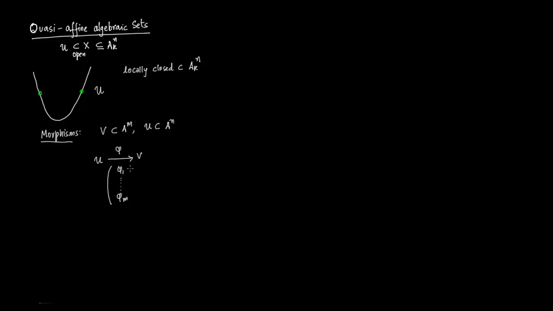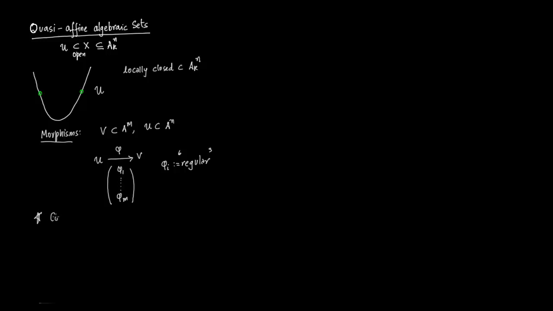Now each phi i is a regular function. Now notice that for closed sets each phi i was a polynomial. Here we have phi i as a regular function. That means it is in the form of a fraction, f over g. Again, if V and U are closed, this regular function becomes a polynomial. That is because of the theorem we covered in the previous lectures.